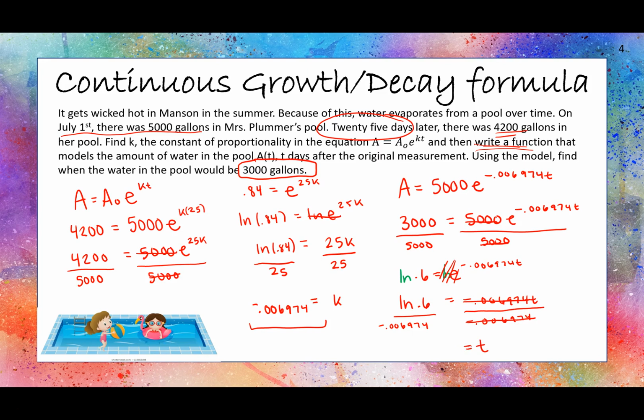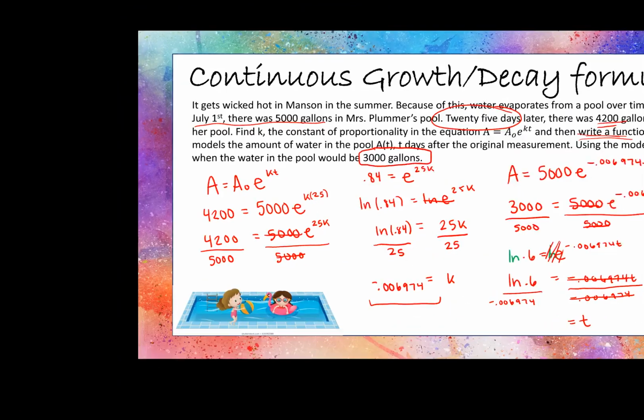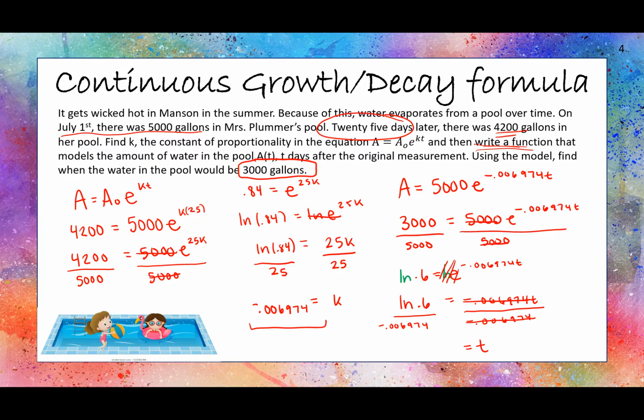And again, folks, you have to put in ln of 0.6, close your parentheses, and then divide by that negative 0.006974. And I get roughly 73.2 days. And make sure you can get that on your calculator.